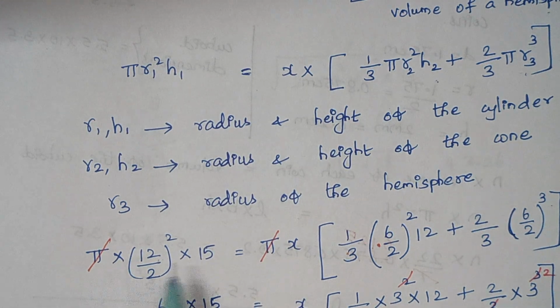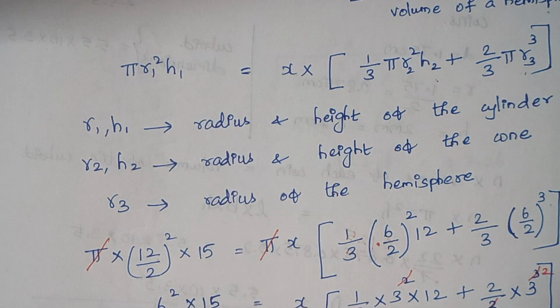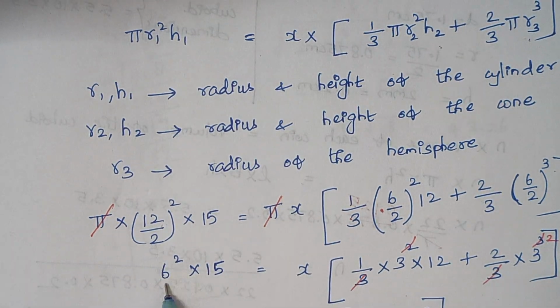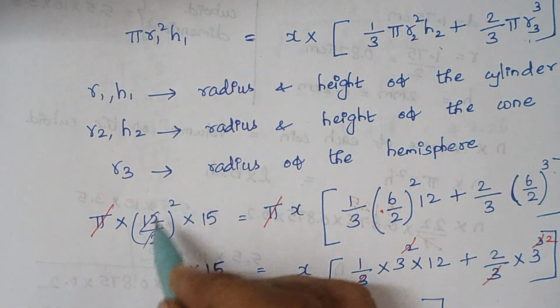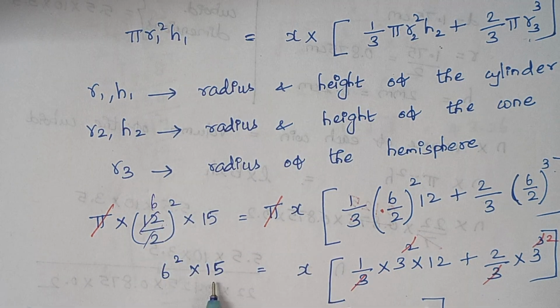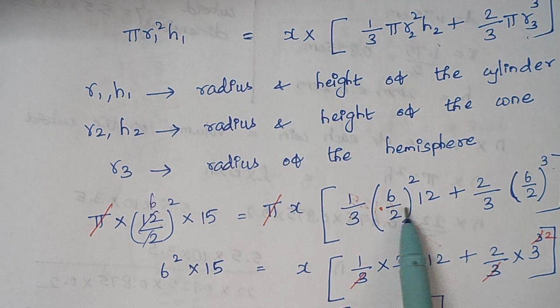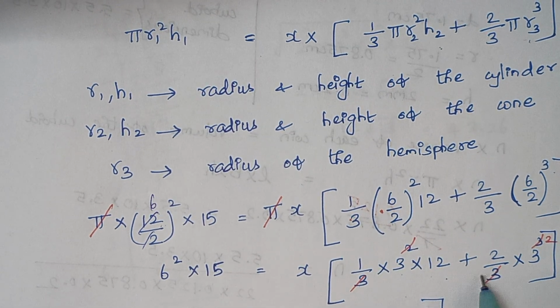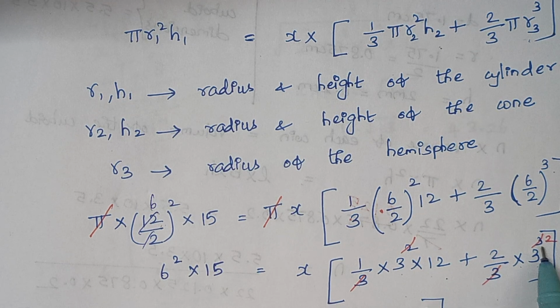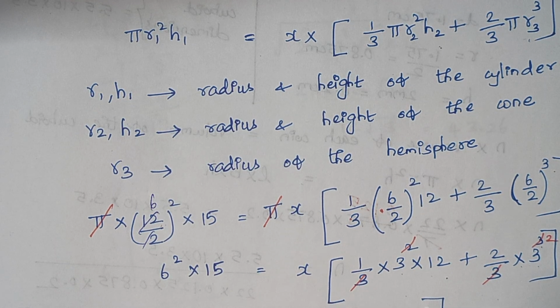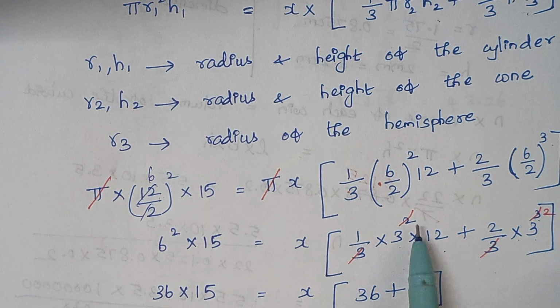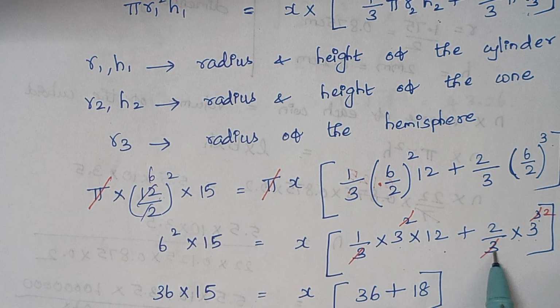So now this pi and pi get cancelled, and again 12 by 2 is nothing but 6. So I had written here as 6 square into 15, which is equal to x into again 1 by 3, and 6 by 2 is 3. So 3 square into 12 plus 2 by 3 into 3 cube. Right. Now this 3 and 3 square they cancel, and this 3 and 3 cube they get cancelled.